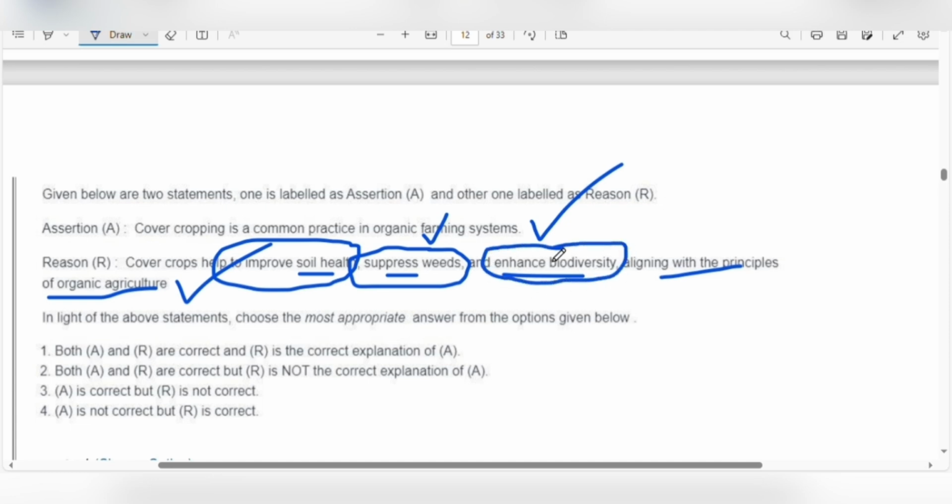Whatever the main crop is, along with that, cover crops are introduced, they enhance the biodiversity, and they perfectly align with the principles of organic agriculture because there is nothing synthetic about it. So, assertion is correct, reason is correct, and reason is the correct explanation of assertion. So, this is option 1. Right? I think there is no confusion about this. This is a very easy one.